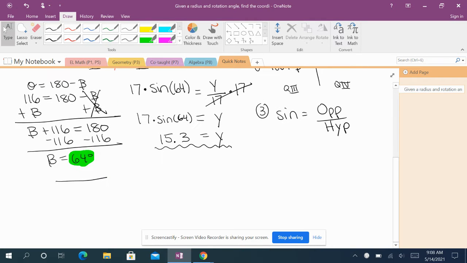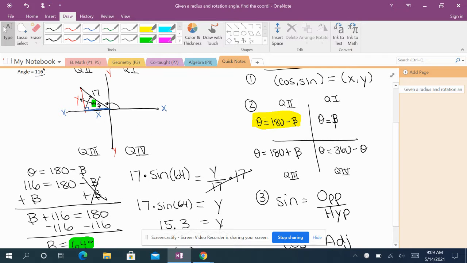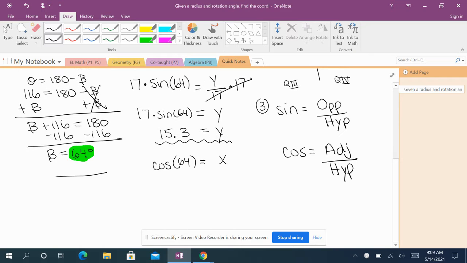Now I want to get my value for x. I'm going to do something very similar, but now I'm going to use cosine of 64. Cosine is equal to the adjacent over the hypotenuse. If we look back at our triangle, the side that's closest to the angle, this one right here, is our adjacent side. So that's going to be x.